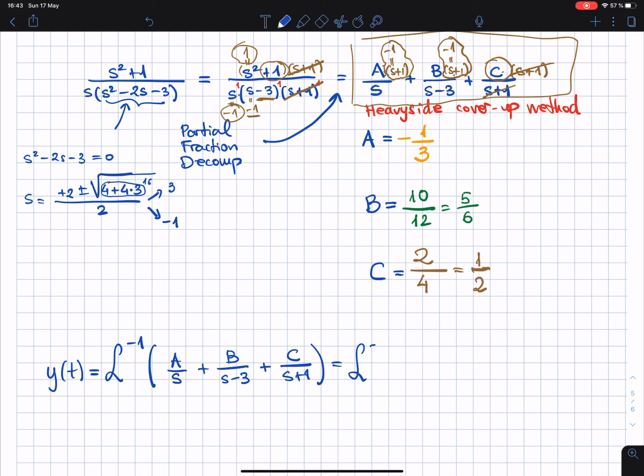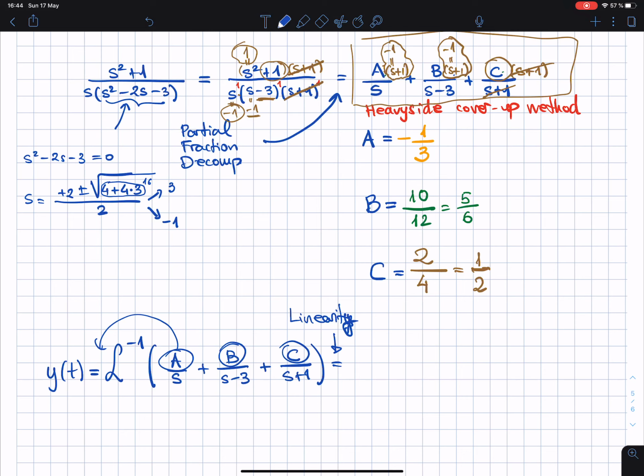But now we know the values of a, b, c. a is minus 1 over 3. Let me use this step to also use the linearity property for the inverse Laplace transform. So we know that a, b, and c are constants, and by linearity, they could be written outside.